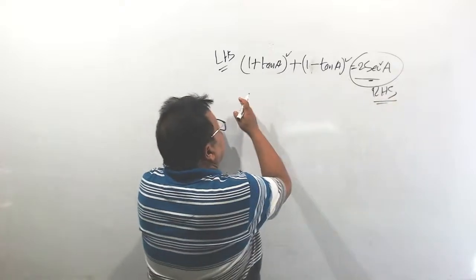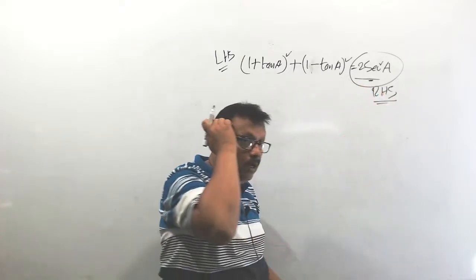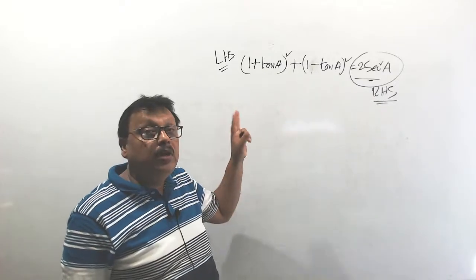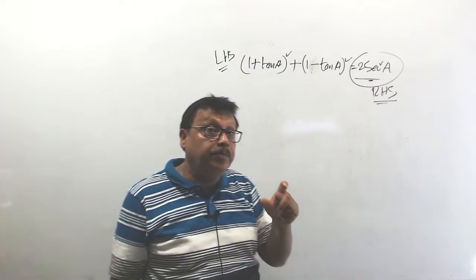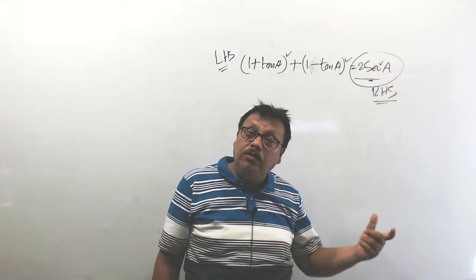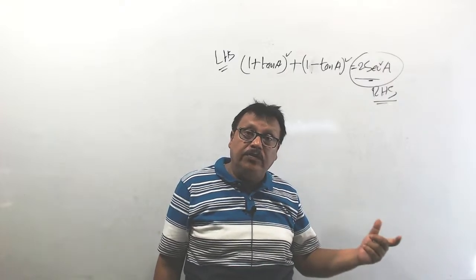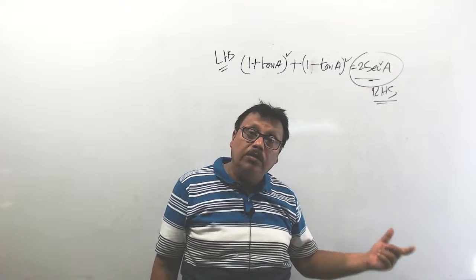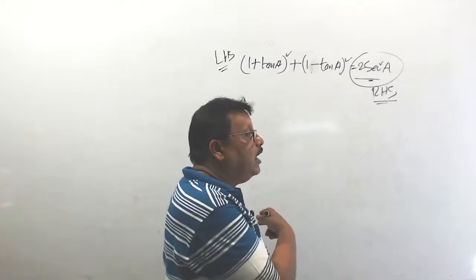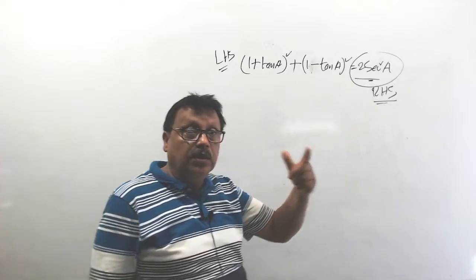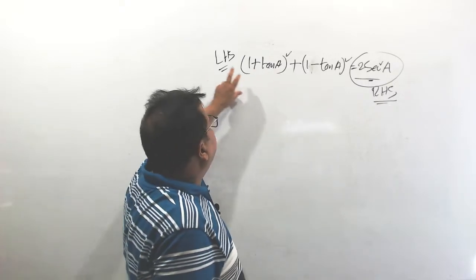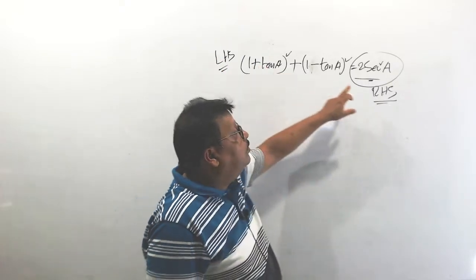From the left hand side you can go to the right hand side, or from the right hand side you can come to the left hand side. Either way, but depending upon the problem you have to decide. Here, it will be better if you go from left side to right side.